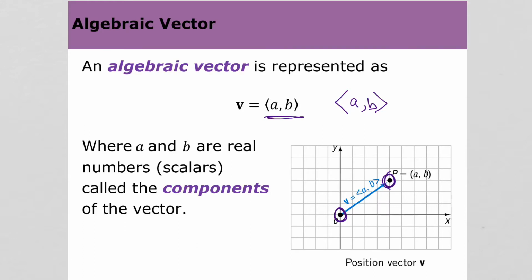So in this case, the initial point is (0, 0), and the terminal point is (a, b). And so that's why the vector is vector AB. Written in component form, it looks like this, and we also call that algebraic form.